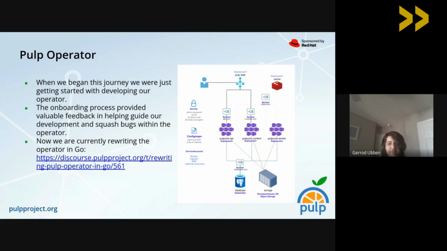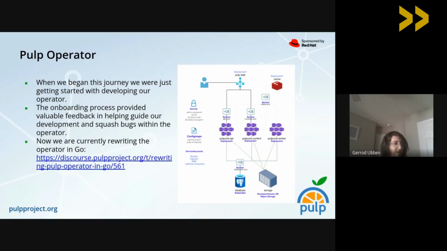It gave us a lot of guided feedback and focus on where we needed to work, on feature development and to squash bugs that we didn't know we had. This process was extremely helpful, and the Operate First people were very gracious, spending their time helping us debug and figure out any of the problems we had in our operator.